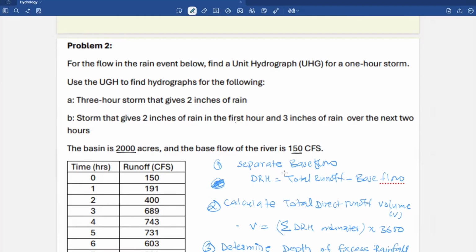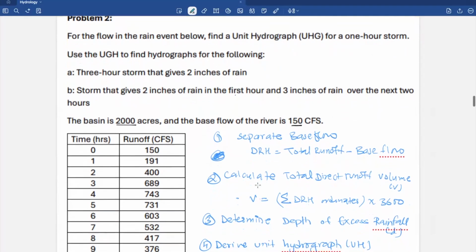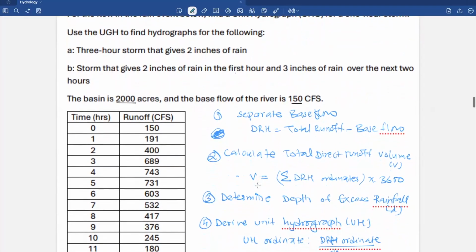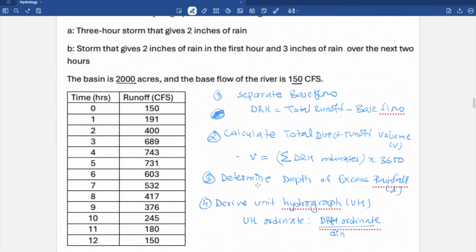Here, first we will be computing the 1 hour unit hydrograph, and then we will be predicting for 2 inches of rainfall for 3 hours, and this second part as well. To solve this problem, we can follow certain steps. First, we need to separate base flow.